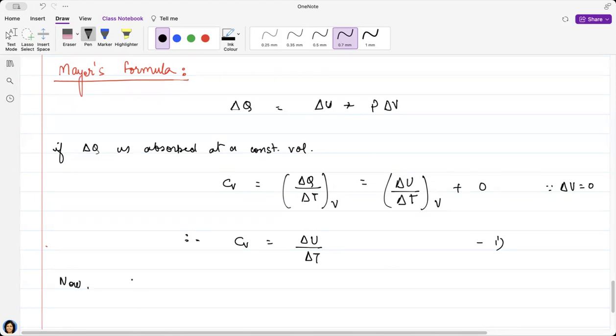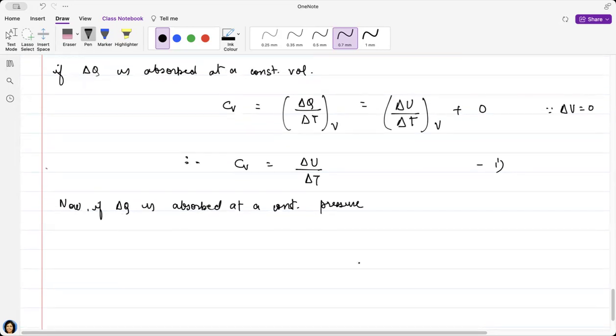Now, if delta Q is absorbed at a constant pressure, what do I call it? I call it Cp.